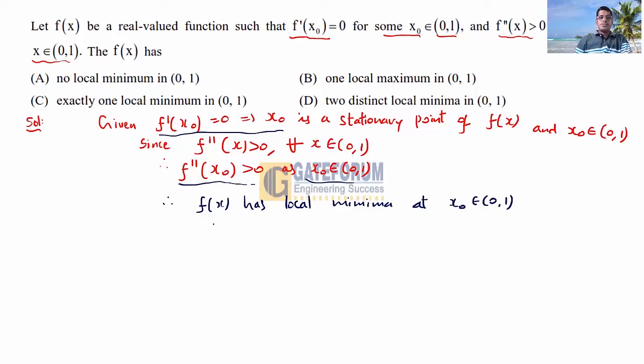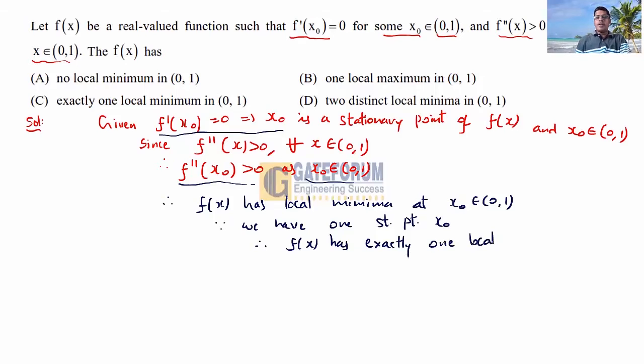So since we have one stationary point, that is, ST means stationary, PT means point, therefore f of x has exactly one local minimum in the open interval 0 comma 1.